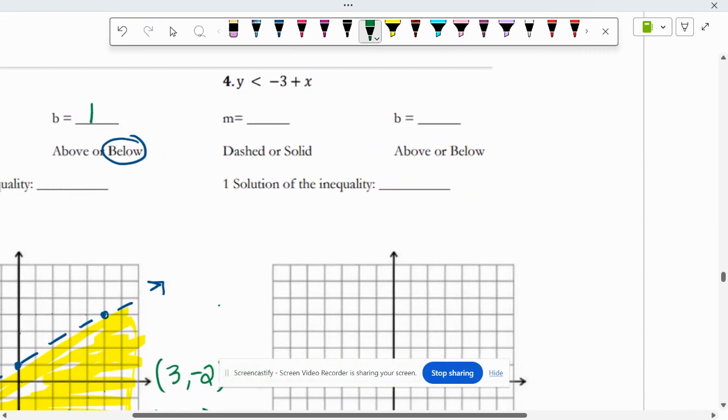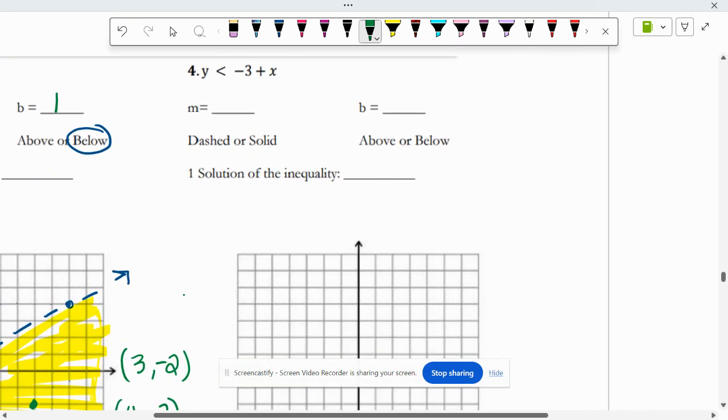I'm going to freeze the screen, and you guys do number 4. It's not written in the right order. That's your hint. You have to change the order a little bit.